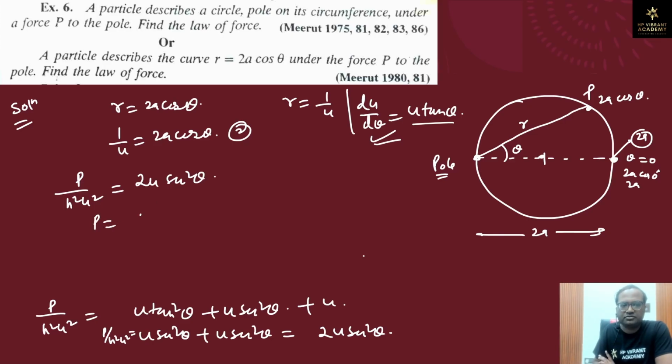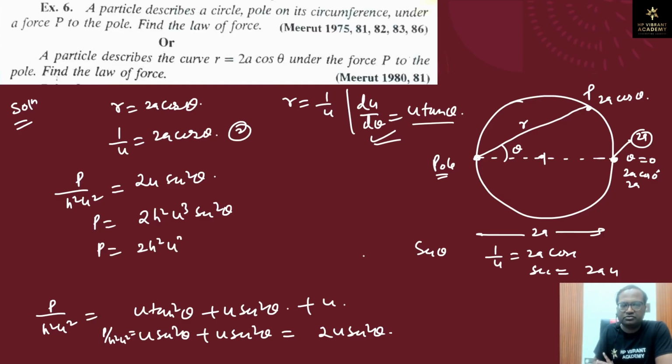So we have P is equal to 2h square u cube sec square theta. From here we have 1 upon u is equal to 2a cos theta. So sec theta is equal to 2au. Okay, so we have P is equal to 2h square u cube into 2au whole square.